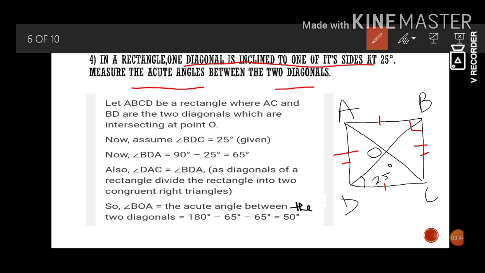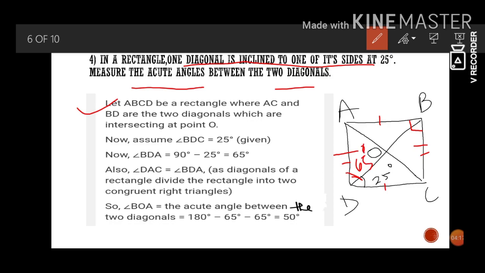So here we have considered ABCD as a rectangle. AC and BD intersect at the point O. Let us assume that angle BDC is 25 degrees because the diagonal is inclined at 25. Now we know angle at D is 90. So the rest of the angle, that is angle BDA, will be 90 minus 25, that is 65 degrees.